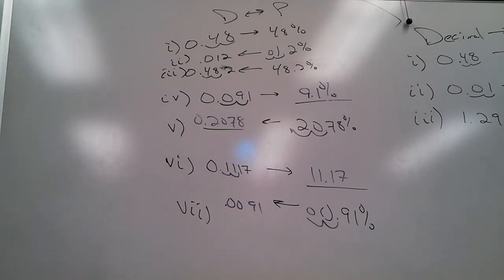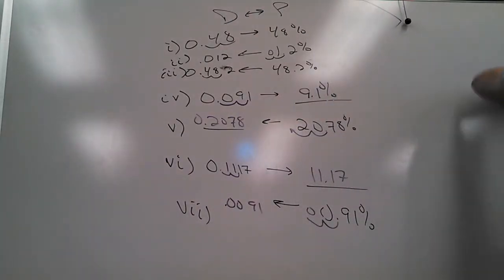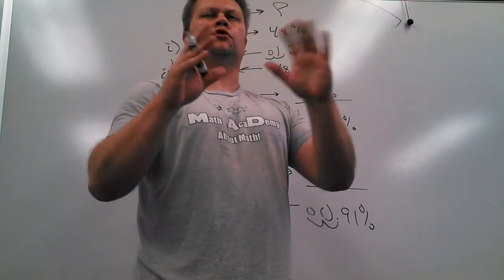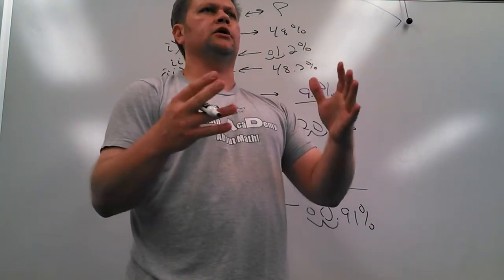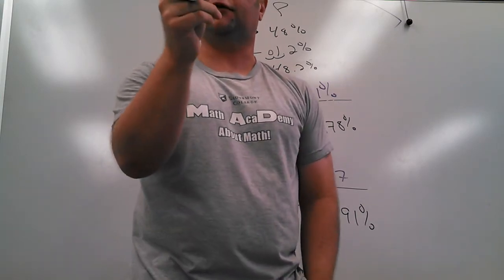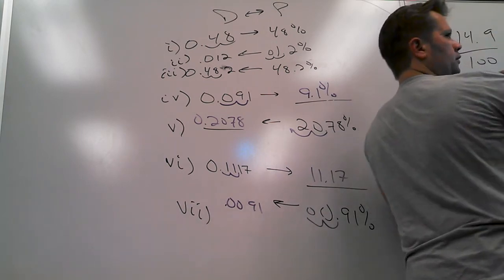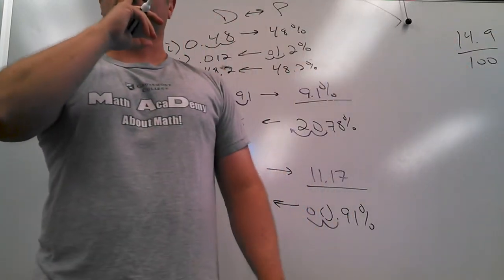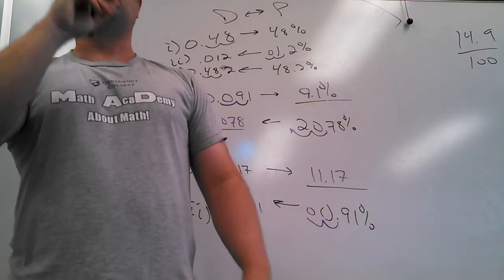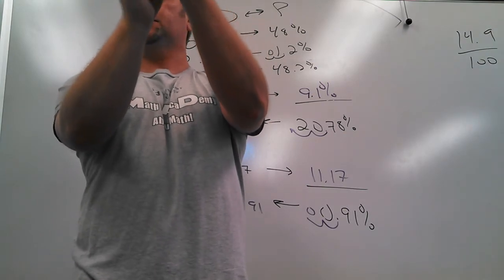So, let me tie some stuff together. You ready? So, remind me, what do I do when I divide something by 100? What effectively happens? Why do I not have to do any work, really, for that? If I have 14.9 divided by 100, what's the quick way to do that? When I multiply by 10, when I divide by 10, what happens with the decimal place? It just moves, right?